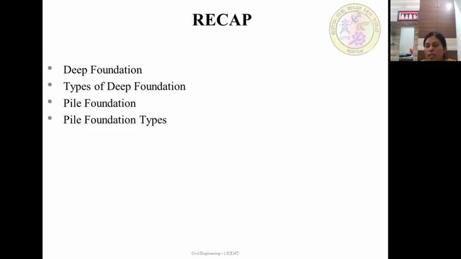So these are the different pile types classified based on function, material and composition. These were explained previously for deep foundations, types of foundations, pile foundations and types of pile foundations.